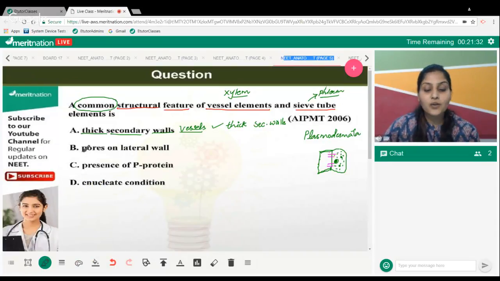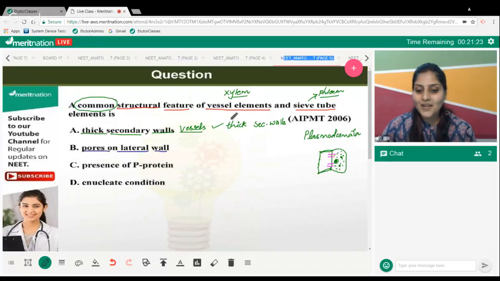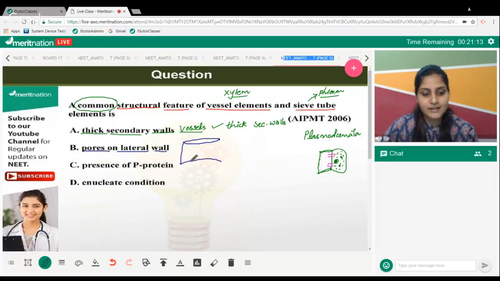Now, the second option, option B, pores on lateral walls. Understand one thing: your vessel elements are more prone to the conduction task. So in vessels, you will find pores on the lateral wall. Let's say if this is one vessel element I'm drawing, then you will find pores on the lateral walls.